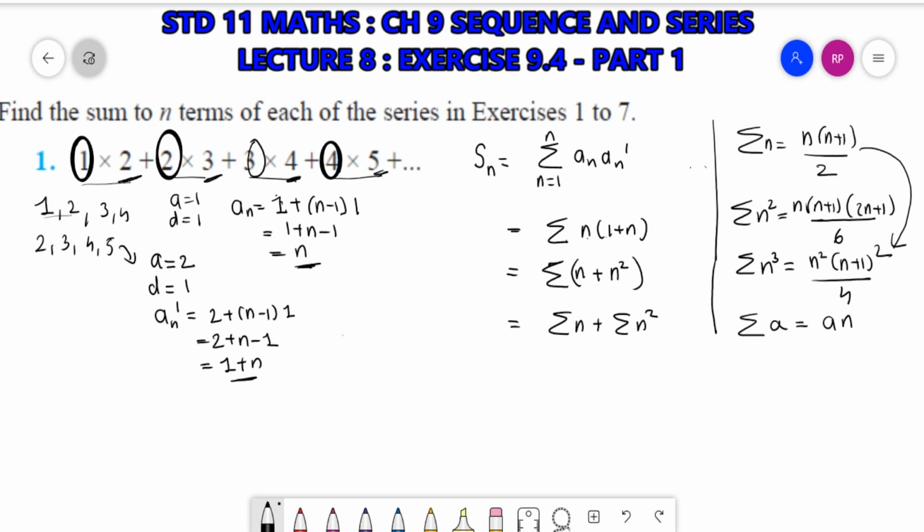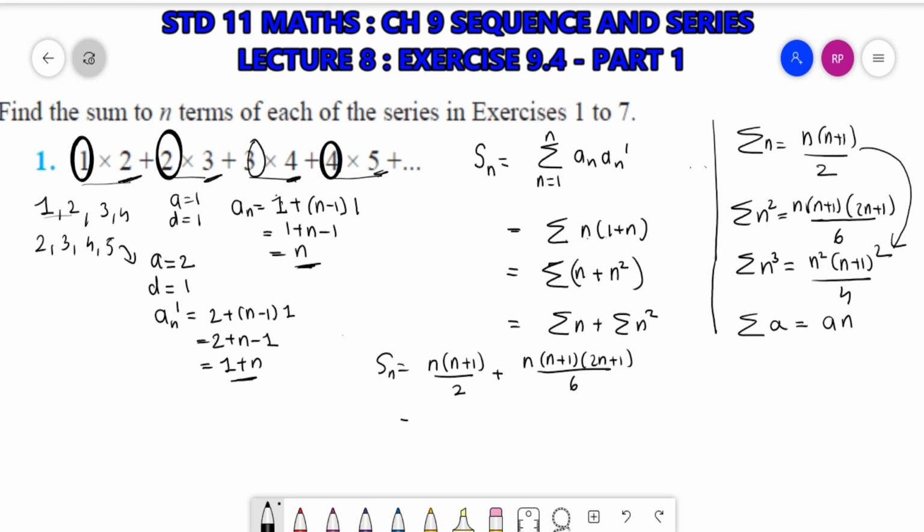Okay, now let's start. So from here I can write down Sn. Summation of n means n into n plus 1 upon 2, plus summation of n square, that is n into n plus 1 into 2n plus 1 upon 6.